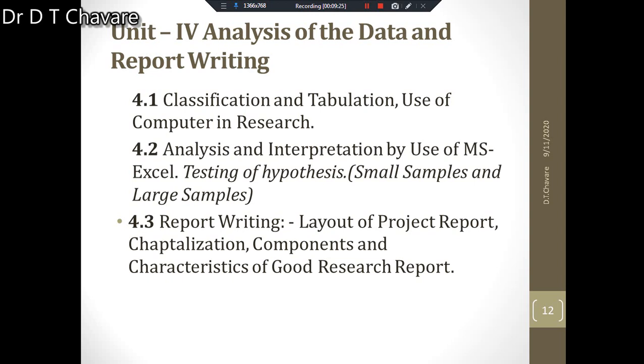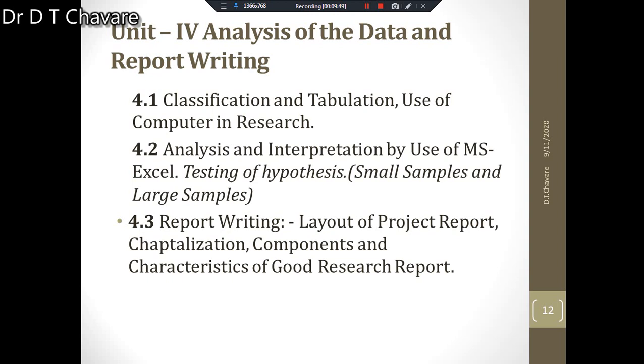It means what is the meaning of classification and tabulation, how classification is done and how tabulation is used, that is also included. Then use of computer in research, how a computer is useful for research purposes, or how it is used in the research process. This is included in point number 4.1.